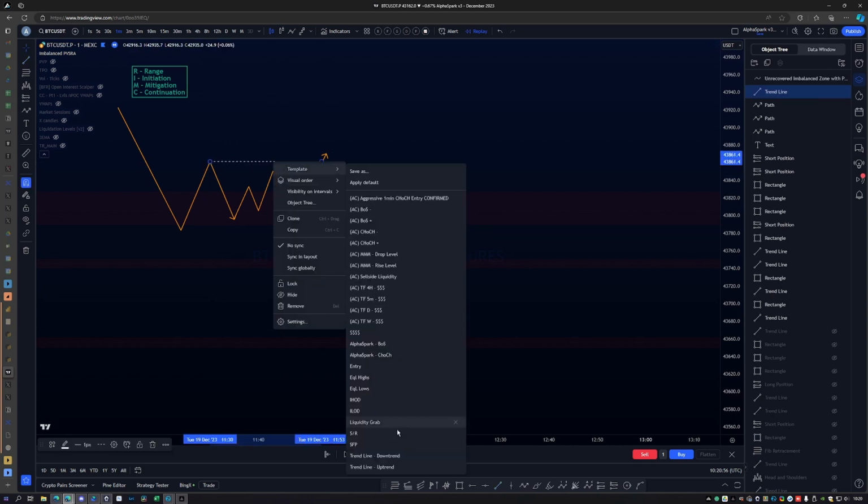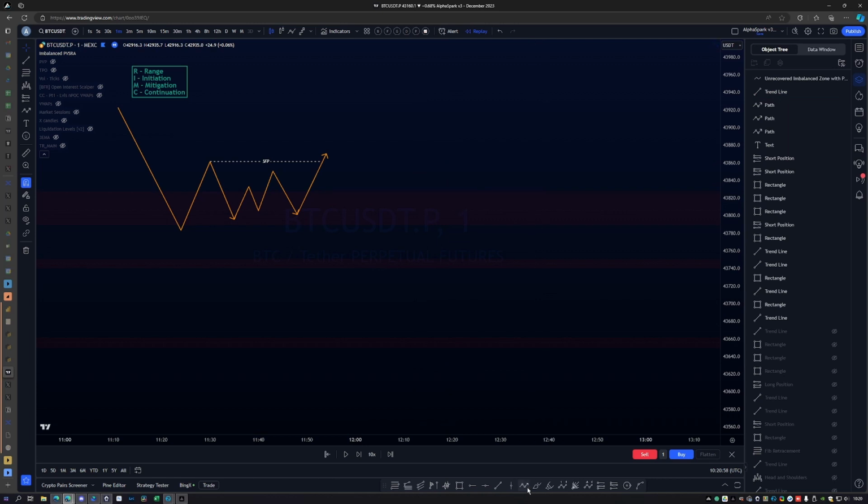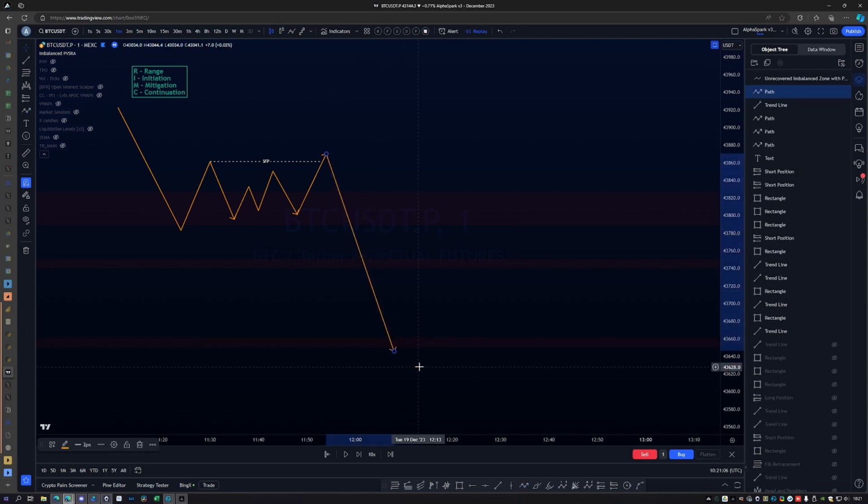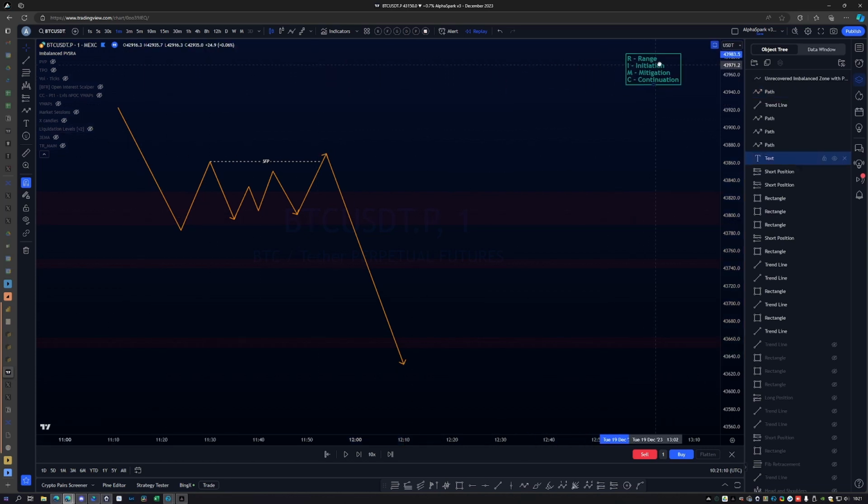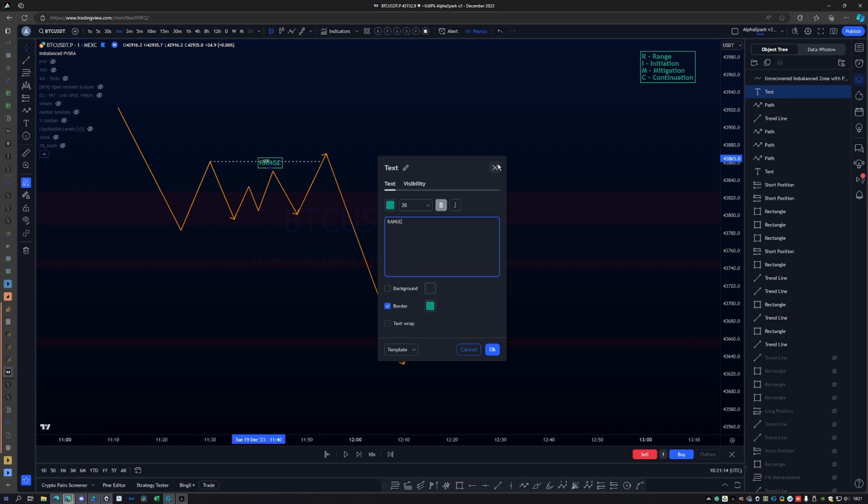Let's say that this is an SFP. And after the SFP, right after, it cannot take forever to get out. Right after, you break out. So this is your range.